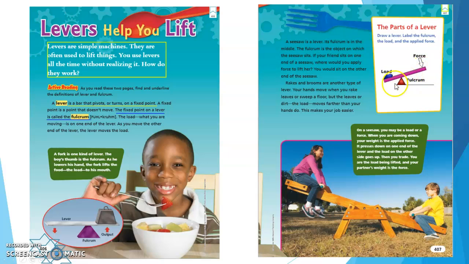This is a lever. Okay, on a seesaw you may be a load or a force. When you are coming down, your weight is the apply force. It presses down on one end of the lever and the load on the other side goes up. Then you are the load being lifted, and your partner's weight is the force.